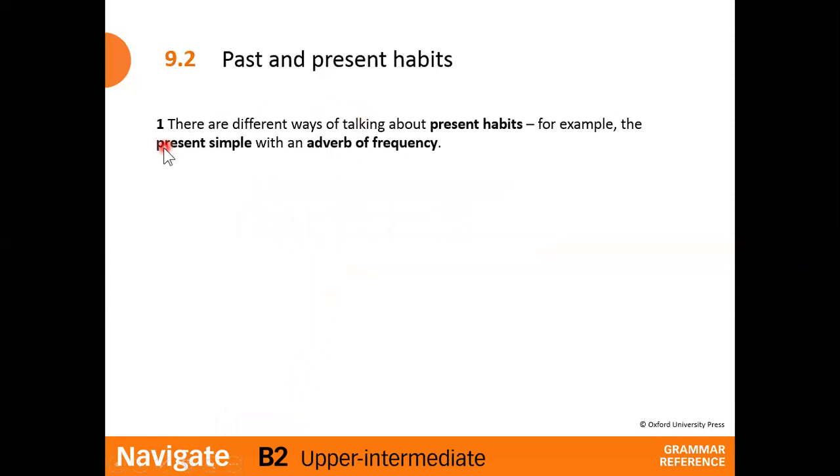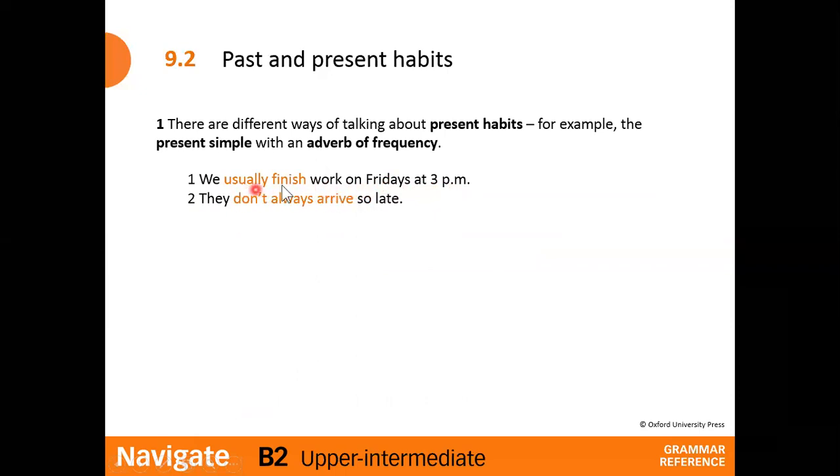Now, next page. First rule, there are different ways of talking about present habits. For example, the present simple with an adverb of frequency. For example, we usually finish work on Fridays at 3 p.m. Habit, yes?